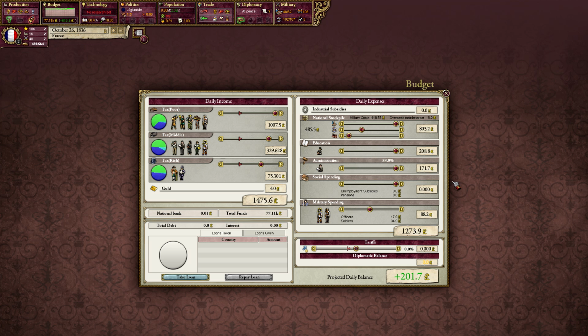So if I increase this, the more people will turn to clergymen, meaning we'll make more research points. You can just see that went up by 0.01, but that will continue to grow and we'll research things faster. Now there's a similar thing with administration, but if I mouse over this, this is about tax efficiency. And if I slide over it, it should tell me. There we go.